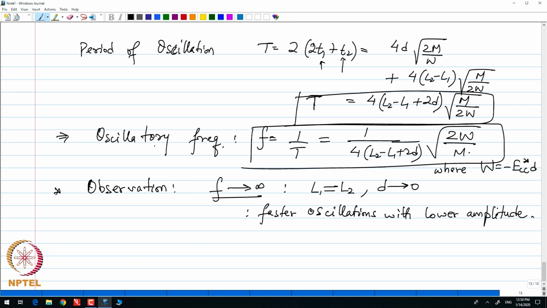Okay. So, this is the case of the zero amplitude limit, which is of no practical interest, because they cannot be measured without errors. Okay. So that is just one assumption.